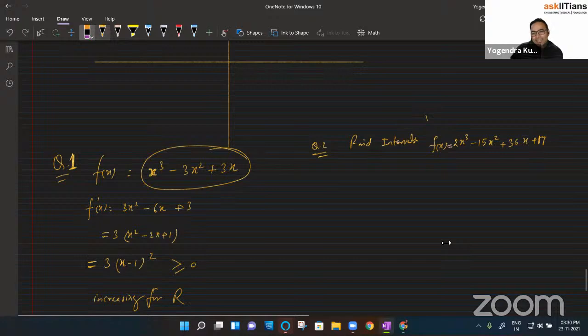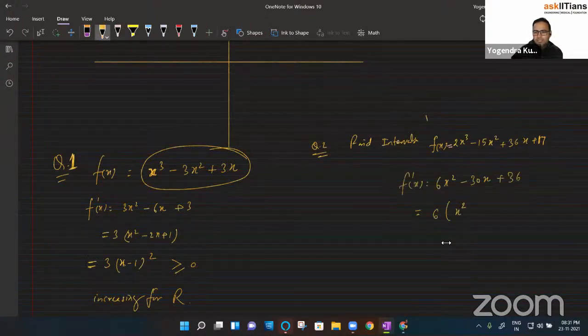So f dash of x is coming what here? 6x squared minus 30x plus 36, right? Now take 6 common, you make things simpler for yourself. 6 5s are, and then 6 6 are. We can factorize it: x minus 2 and x minus 3.